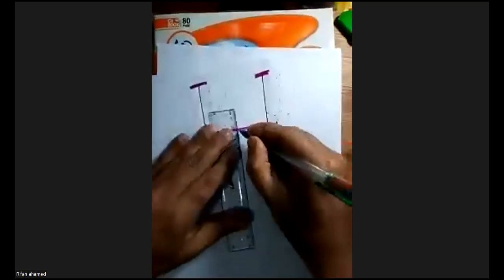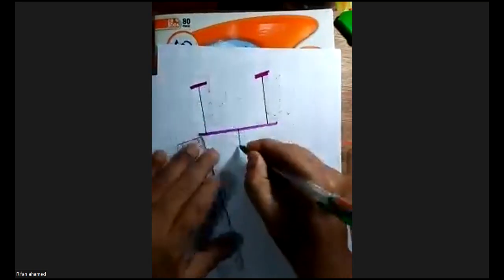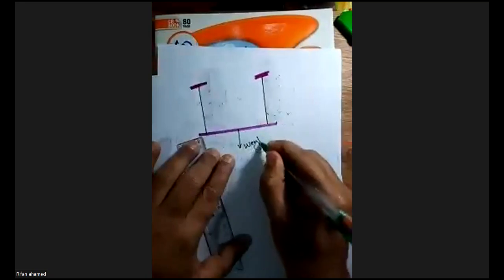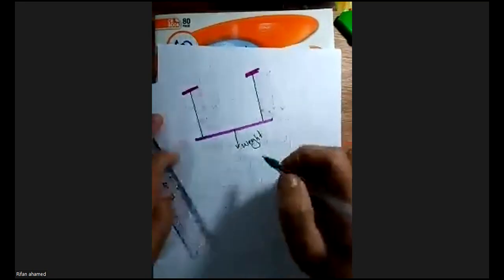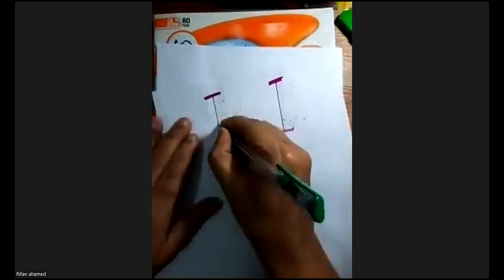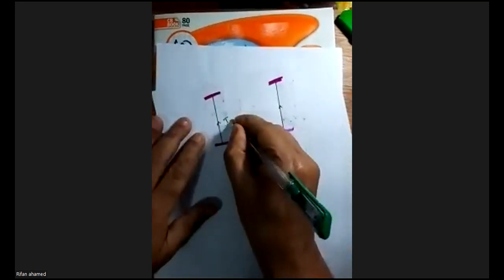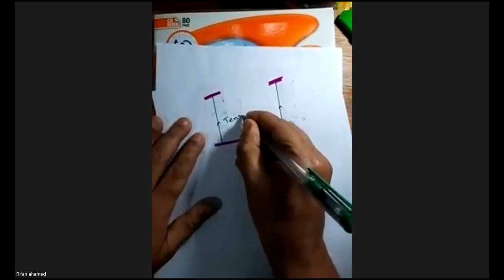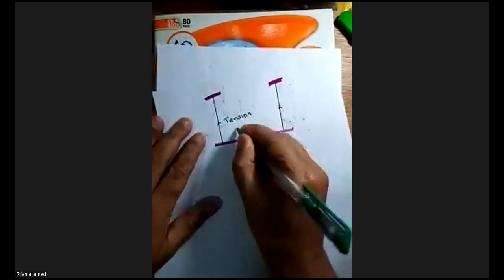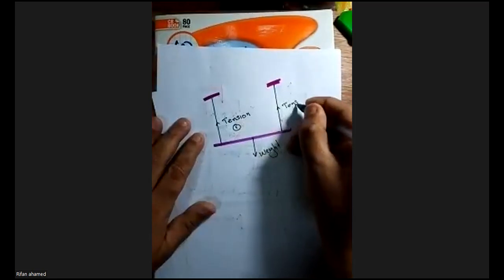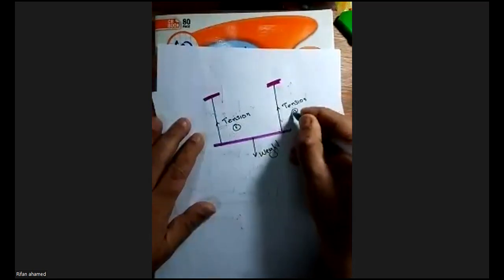The tube light's weight will be working in the downward direction. Here there will be two tensions. This is tension 1. Here there will be tension 2.